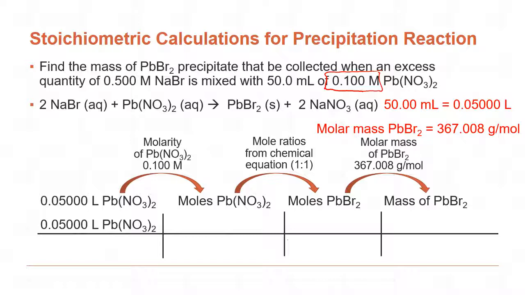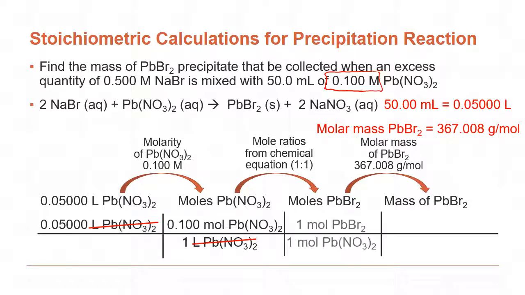I want to use my 0.1 molar information, moles over liters, or liters over moles. I want to cancel liters and keep moles, so I'm going to use that molarity as a conversion factor with liters on the bottom and moles on top. So I put 0.100 moles over 1 liter, the liters then cancel.